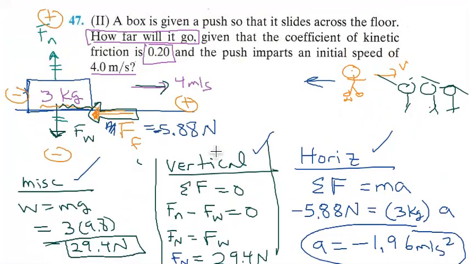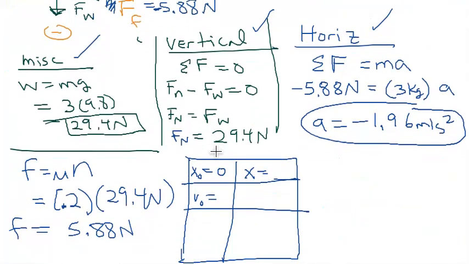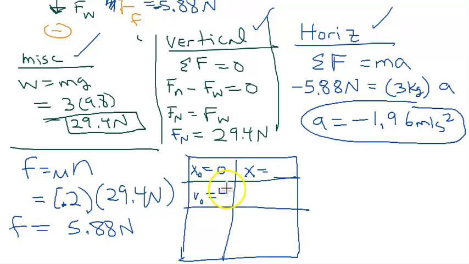What is V naught? It is 4. A is negative 1.96. We don't really care about the time. V final is 0 because we want to know how far it went. So it came to rest. We don't care about time.